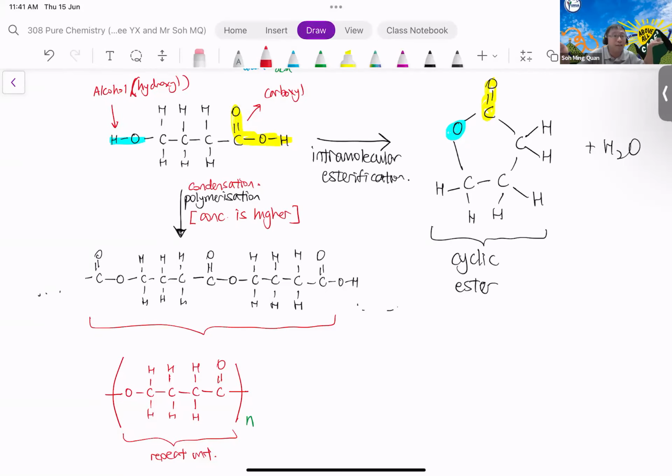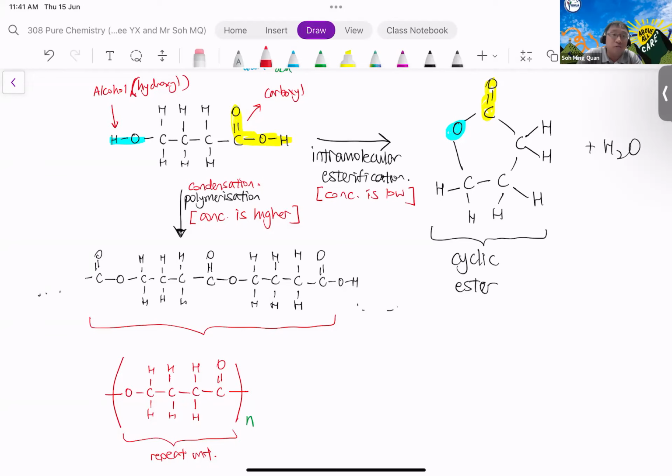Therefore, polymerization is favored. Whereas intramolecular is within the same molecule. Why would it react within the same molecule? When there are very few molecules of itself, when the concentration is low. So low concentrations will favor the intramolecular reaction.